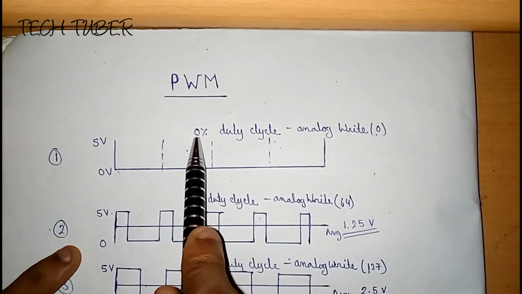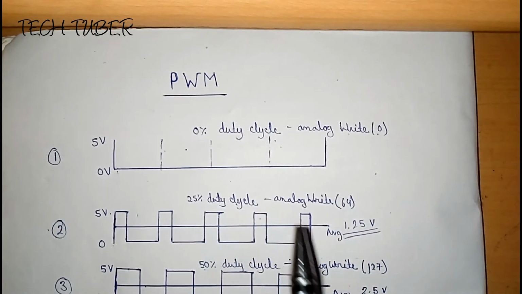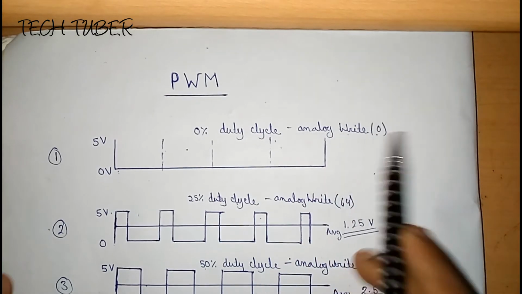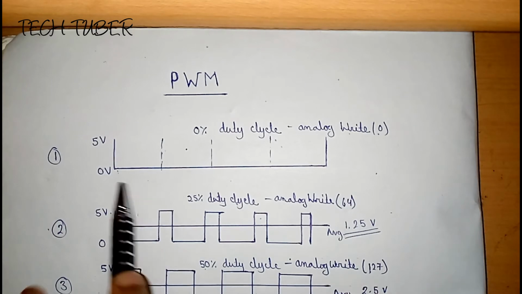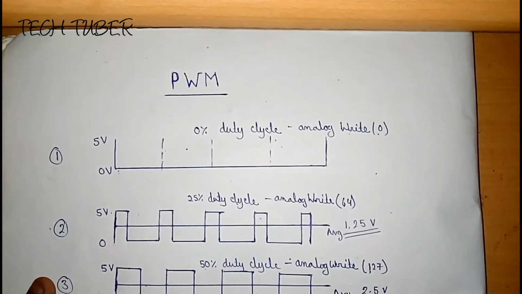That's why the duty cycle will be 0%. Then we will write analogWrite 0, and this analog and digital write function I had explained before in my coding video. So analogWrite 0 means there will be no voltage output throughout the time, and the voltage will be at 0 volt state.